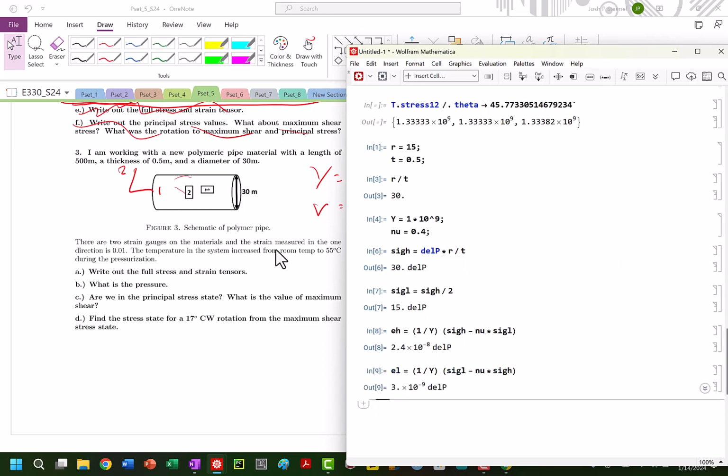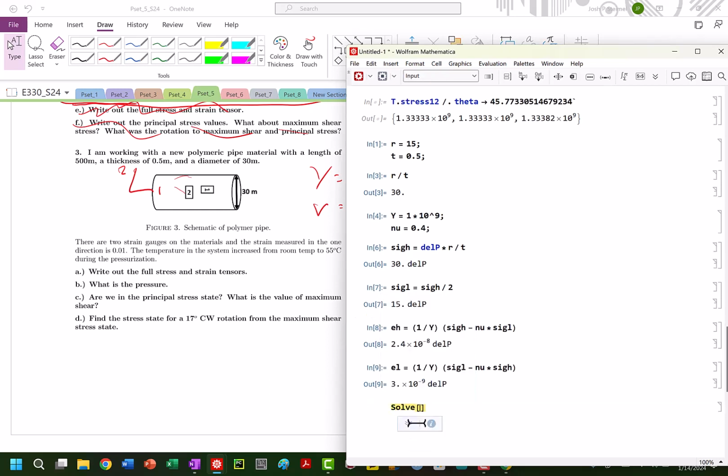We're told that the strain is measured through 2 strain gauges, strain measured in the 1 direction. So basically, strain gauge 1 is measuring my epsilon_l, because it's my longitudinal direction, equals 0.01. So I can solve for my delta P. So delta P is equal to this.